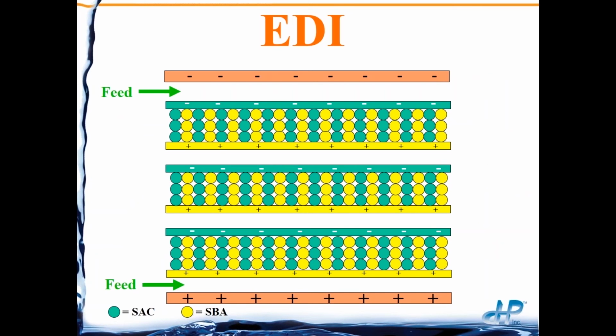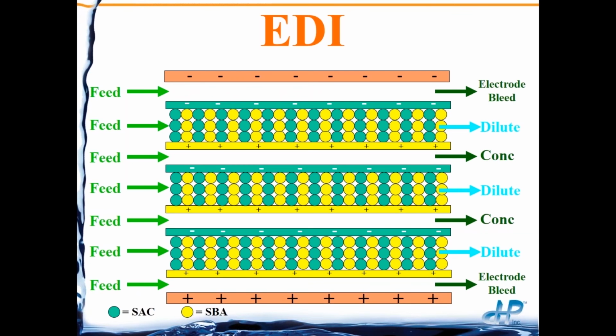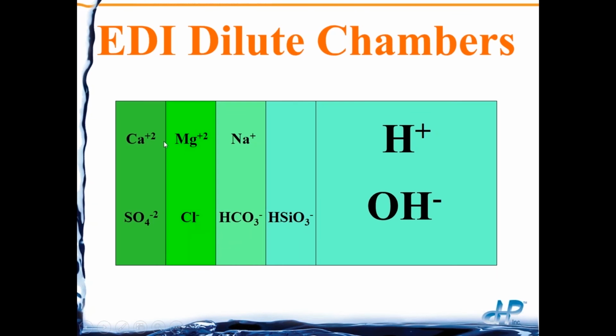And then we have some special things, we won't go into it today, that occur in the electrode bleed channel. That's a special situation we won't go into. So basically RO permeate is going to go into all these channels, but we're going to end up with the high purity channel, the waste channel, and the electrode bleed channel.